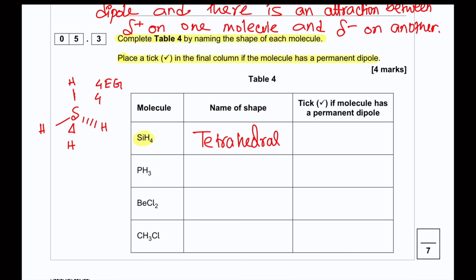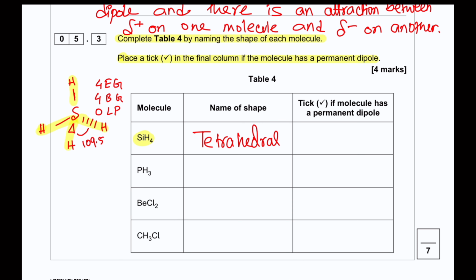Out of that, there are 4 bonding groups and there are 0 lone pairs. And this would make the bond angle 109.5. And since they have an equal pull, even though the individual bonds are polar, they have an equal pull in all different sides, so the molecule will be non-polar.